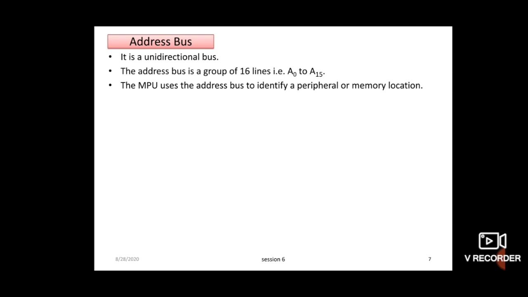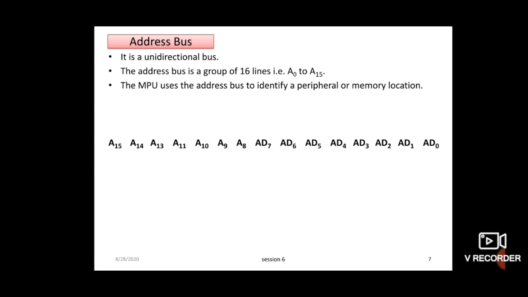This address bus has 16 lines, A0 to A15. This is also seen in the pin diagram of 8085. Now see, A0 to A15, these are address lines.